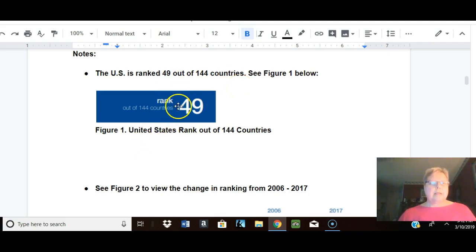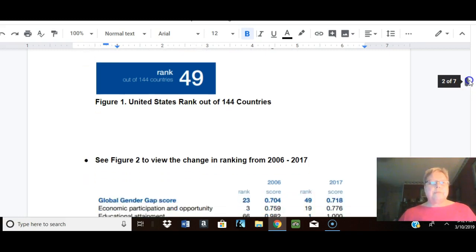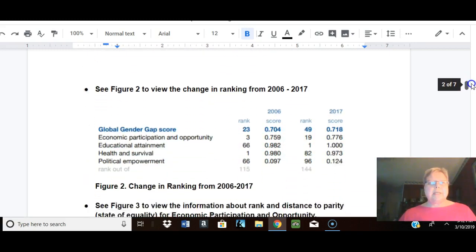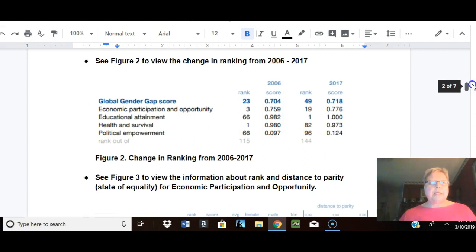Here's the data that I saw on one of the pages in the report for the United States. They have the same thing at the top of the page for Japan or Turkey or whichever country you might choose to use here. And so that's the first thing I noticed. Rank 49 out of 144 countries, then it's pretty much right smack in the middle.